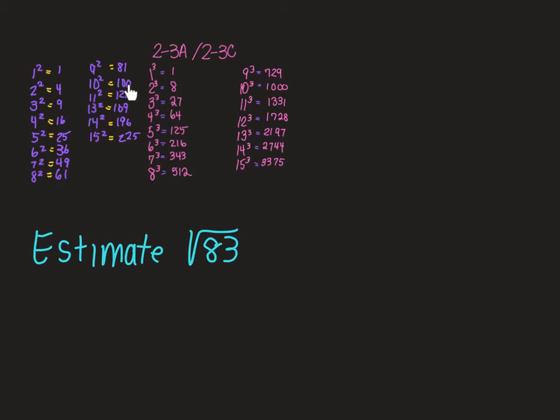It's between 81 and 100. But it's only 2 away from this guy. It's like 17 away from this guy. So since it's really close to that, we're going to say squiggle, squiggle. It's about 9. So they're going to give us numbers that are not on this list. We have to find out the closest number that is on this list.